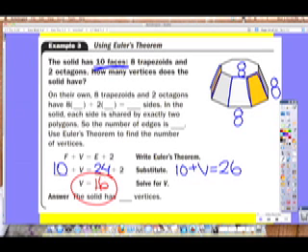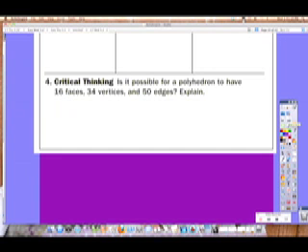Okay. So you use Euler's, and thanks for not forgetting the plus 2. So this is F plus V equals E plus 2. Yeah, that can't work because 16 plus 34 is 50. 50 does not equal 52. So is this shape possible? No, not possible. Alright, you did great.